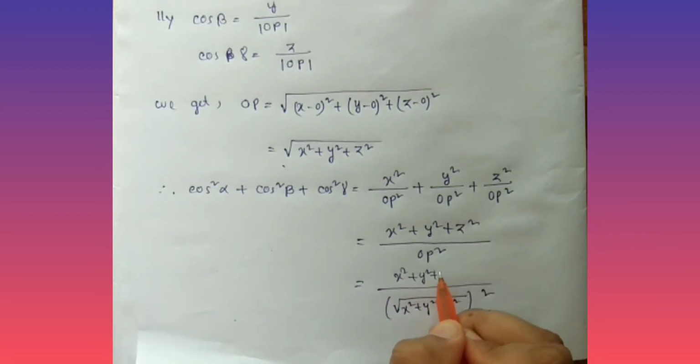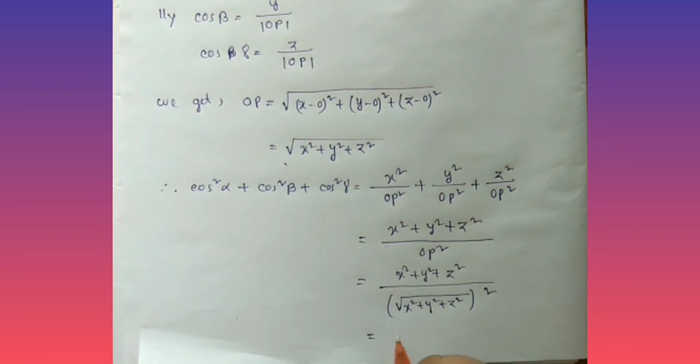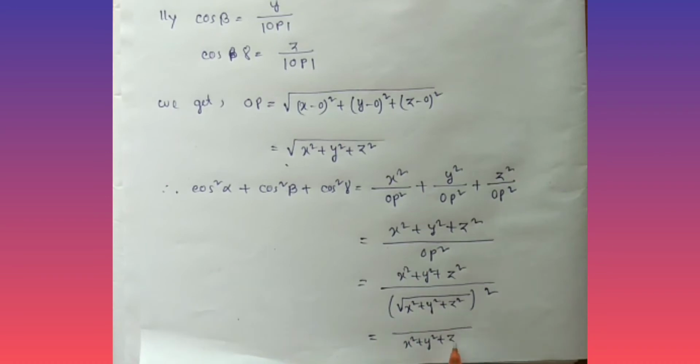When we evaluate it, we get cos square alpha plus cos square beta plus cos square gamma equals 1.